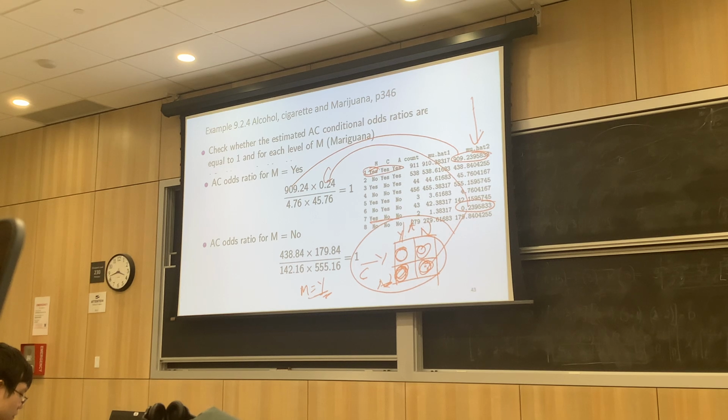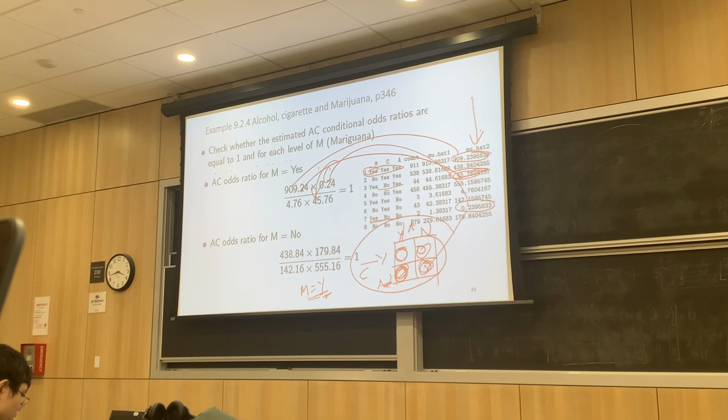So we have to find that one. Marijuana yes, cigarette no, and this one. And I picked that one, 45. So that is this one.